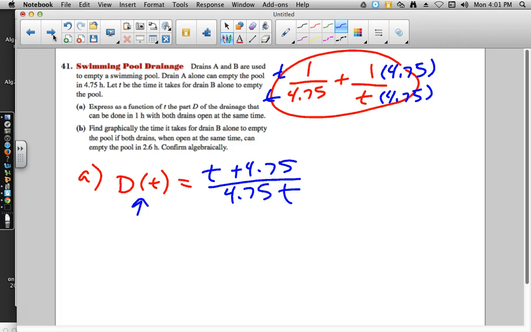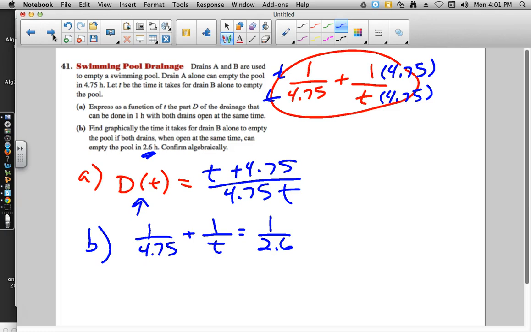So when this is 2.6, I would just go back to the beginning and say I already have the fact that one drain, one job, one pool takes 4.75 hours for drain A. I don't know about B, but I do know that together that one pool would get drained in 2.6 hours. That's just the easiest way to use prior knowledge for this problem.